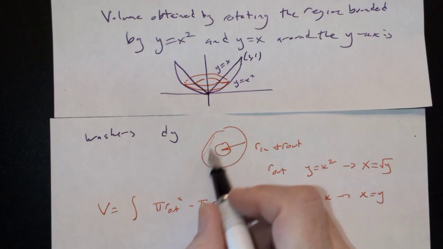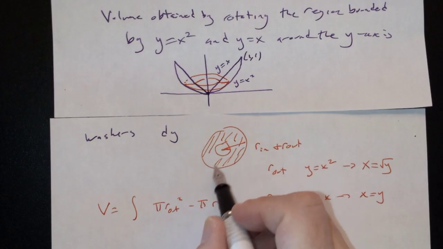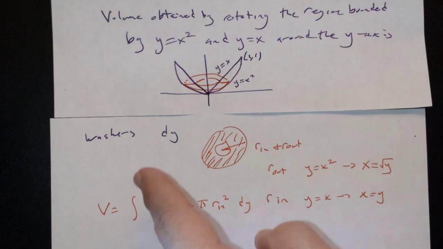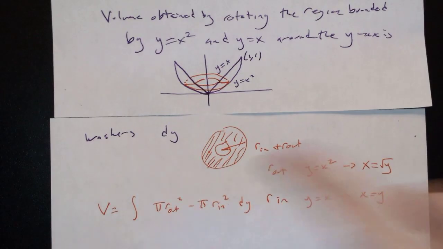Outside circle minus inside circle is going to give me the actual volume of the washer, dy, because the washers are stacked vertically. I need one more thing. I need limits of integration. Lowest washer gets cut at a height of y equals 0. Highest washer gets cut at a height of y equals 1.